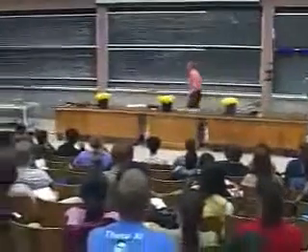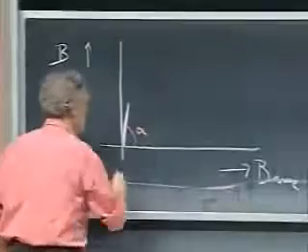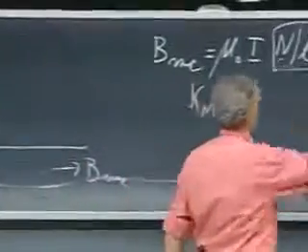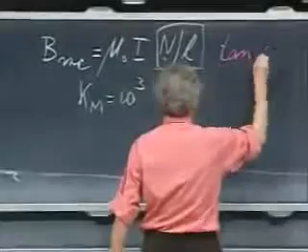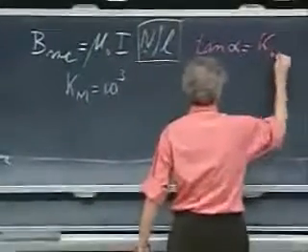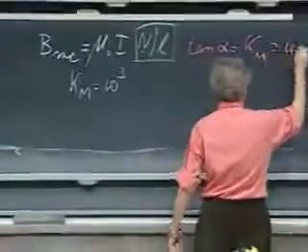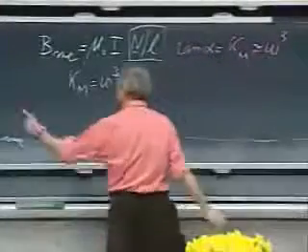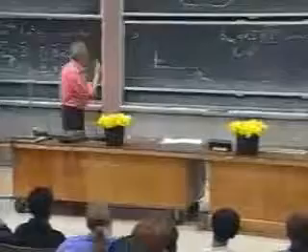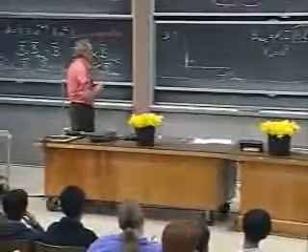So when I draw this line here, keep in mind that if I did it to scale, but I can't, then the tangent of alpha would be kappa of m, which in this case would be 10 to the third. And so this angle alpha, something like 89.9 something degrees. So I cannot do it to scale, keep that in mind.